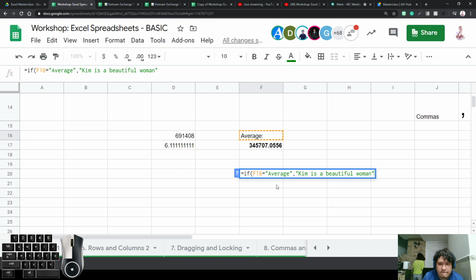But let's say if again, and then I open brackets again, this thing equals Kim bitch, then I want it to show no, and then I close. So I close the first bracket. As you can see, it's even selected here, it's closed, but I didn't close this one yet, so I need to close again.